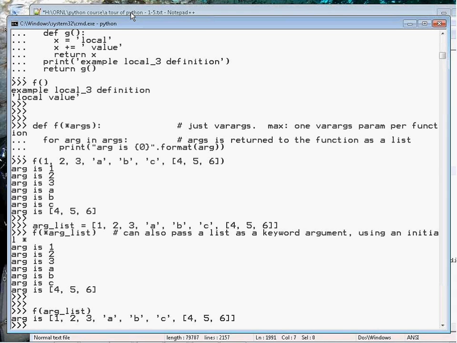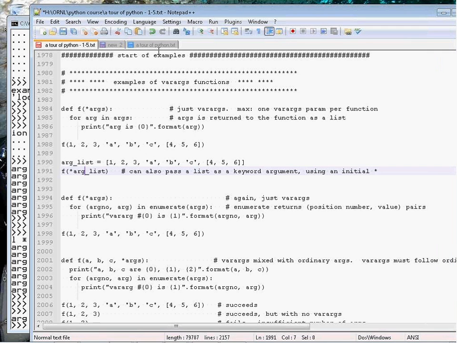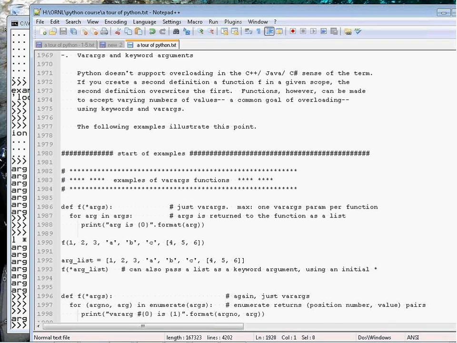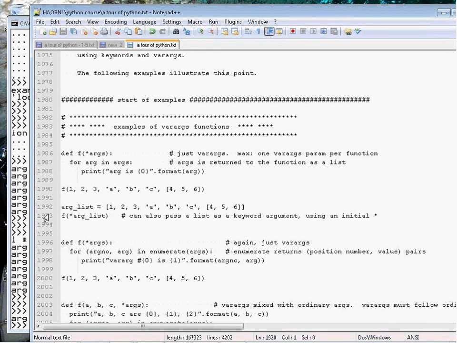Notice what happens when you leave the star off. So the star is doing this, it's flagging what's on and unpacking it.